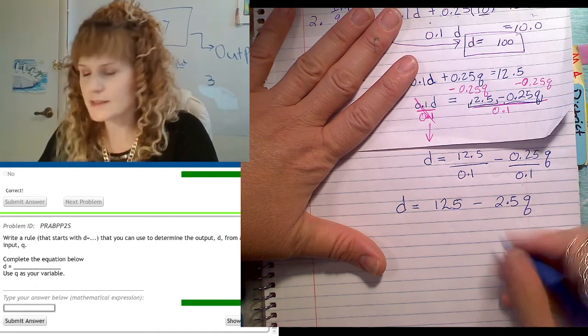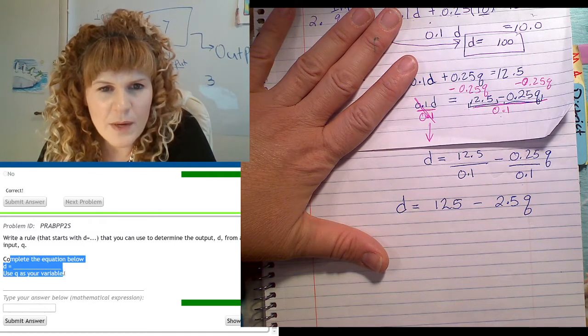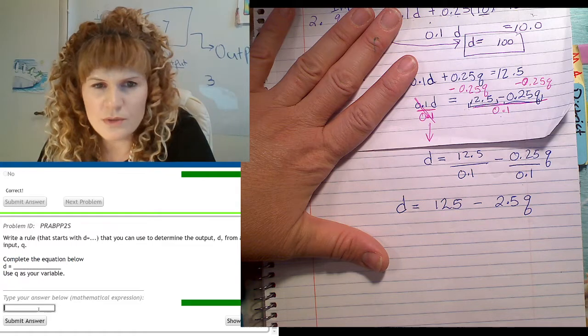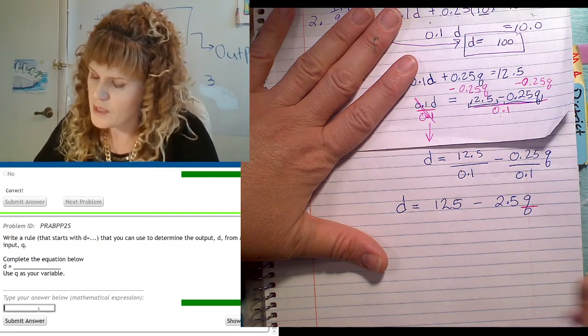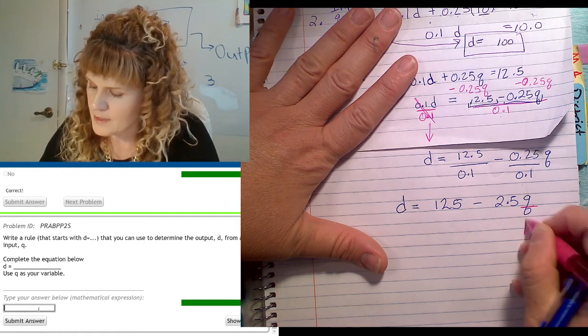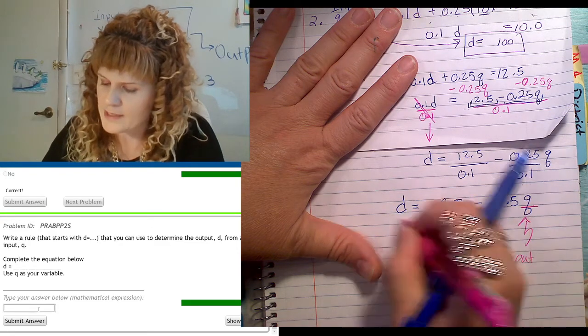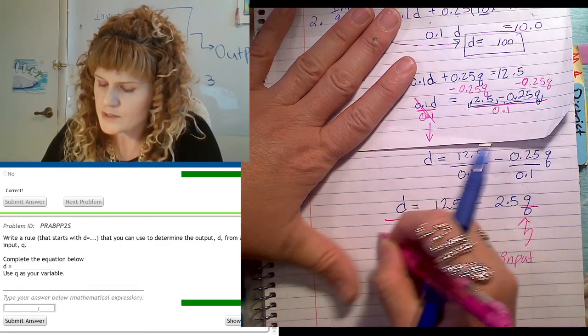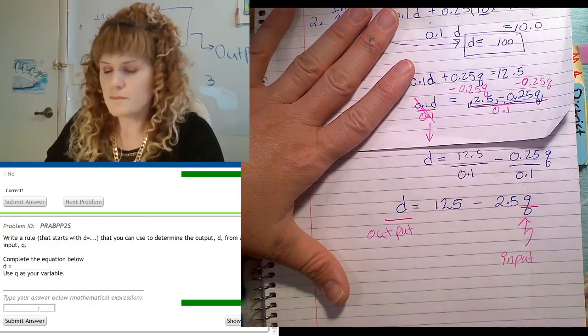Okay, it tells me complete the equation below, use Q as your variable. And I did. I used Q as my independent variable. It means input. I put in Q and I solve for D. So D is the output.